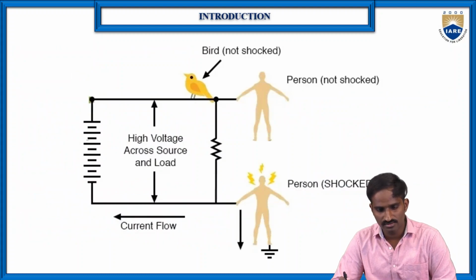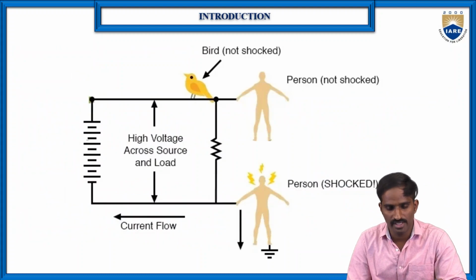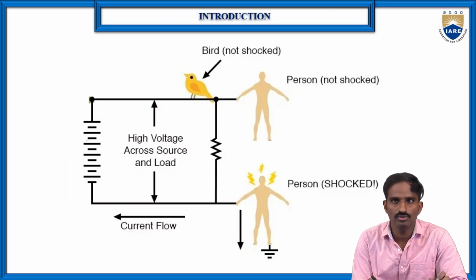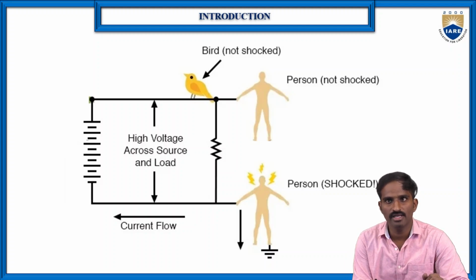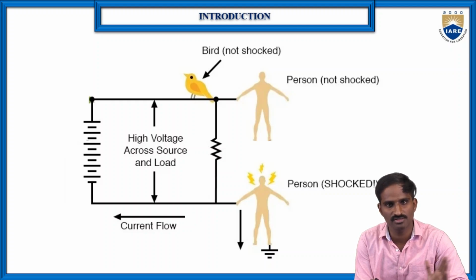And for this, you can see one example. You may get a doubt. As we can see, the bird is standing on an electrical wire, but it is not shocked. Why? You may say it is because the bird is lightweight or some other reason.